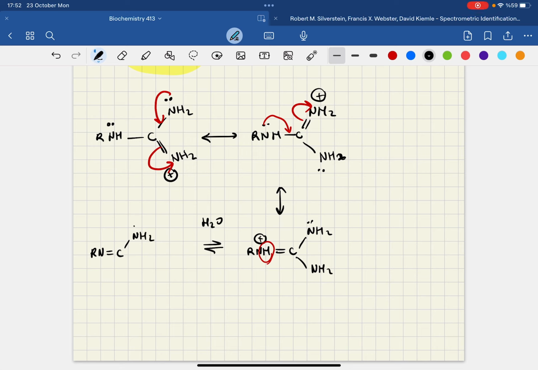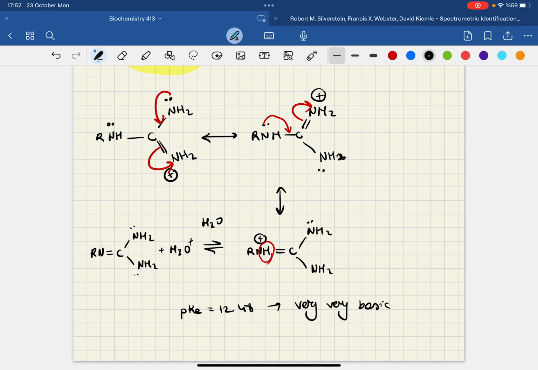And H2, and we have valence electrons, plus H3O. This is our hydronium. All right, and the pKa of this is 12.48, which means very, very basic.